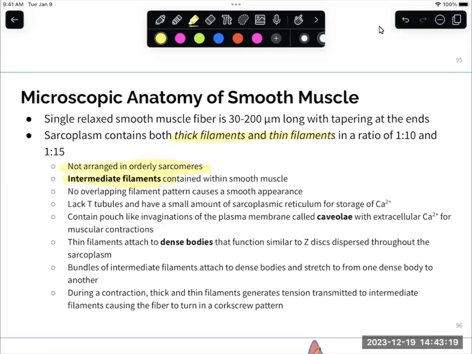There are no T-tubules, and they have a very small amount of calcium in that sarcoplasmic reticulum. They have these little pouches, these caveolae, where most of that calcium is stored. These thin filaments are going to attach to these dense bodies.